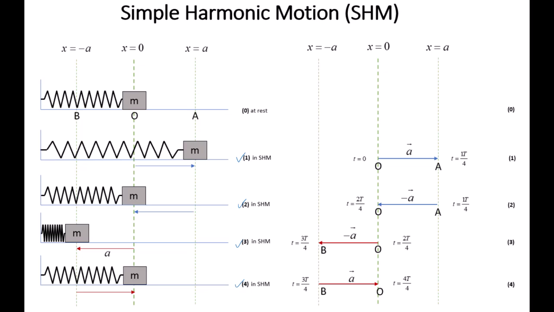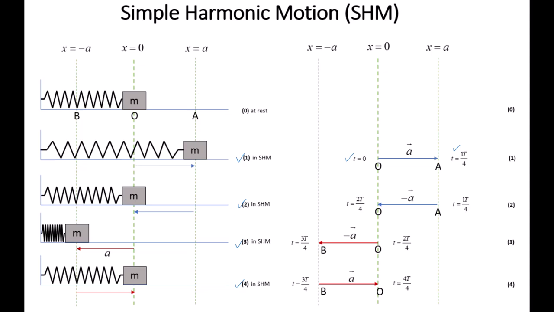So let's say at time t equals 0, the object is at the origin, and it moves towards the right-hand side, and it covers a displacement of A in a time given by t equals T over 4. So T here refers to the time period, which is the time taken to complete one full cycle of SHM.